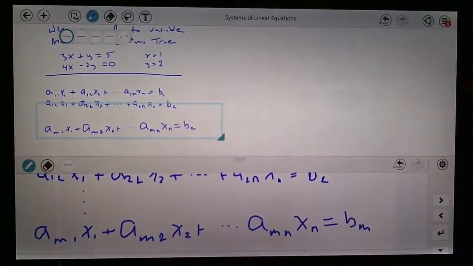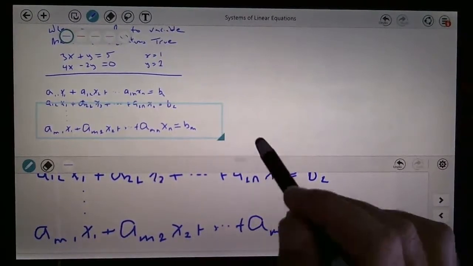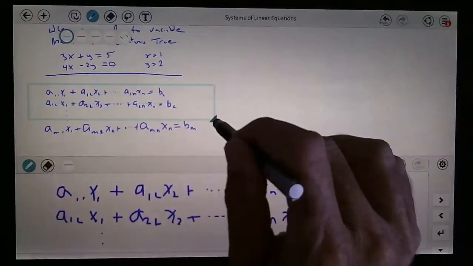So my last equation might be the mth one, and I don't know what m is necessarily, but it's some finite number, and it's just got coefficients am1, am2, am3, and so on, all the way up to, plus amn xn, and then this is the bm. So this would be sort of your general system.